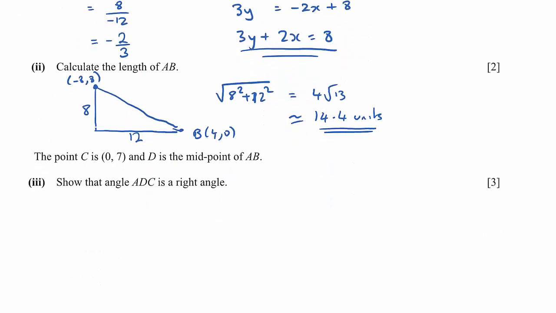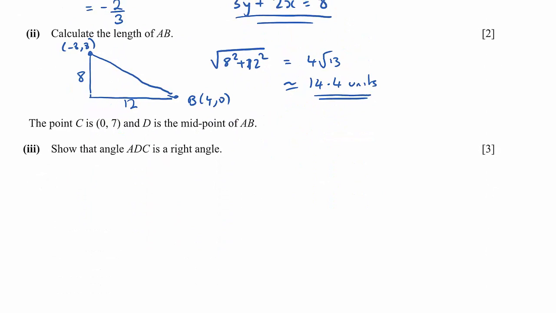So now we're given some additional information. C is the point (0, 7), and D is the midpoint of AB. Remember, this one is A, this one's B down here. D is the midpoint of AB, so D is the midpoint here.